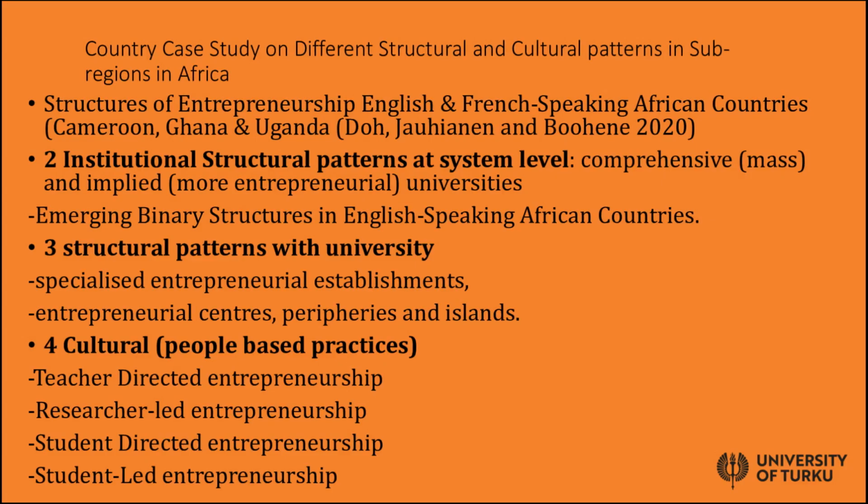Now, let us look at the different structural patterns. We look at the structures of entrepreneurship in English and French-speaking African countries, for instance Cameroon, Ghana, and Uganda. At the institutional level, we find there is an emergence of a binary system in most Anglophone countries, which gives room for more applied institutions.